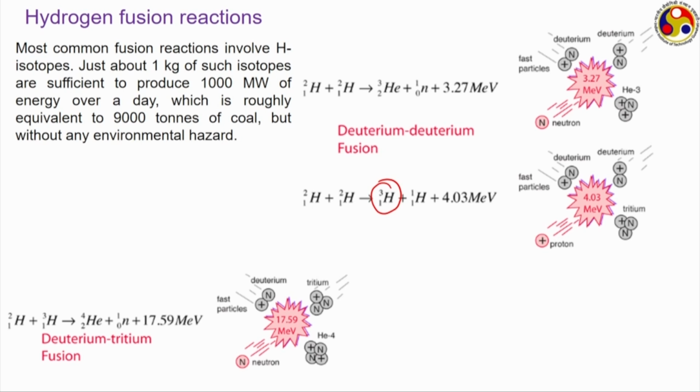This one, like the previous two, where only deuteriums participate, are often called DD reactions, whereas this is commonly known as the DT reaction, because here deuterium and tritium are participating together.